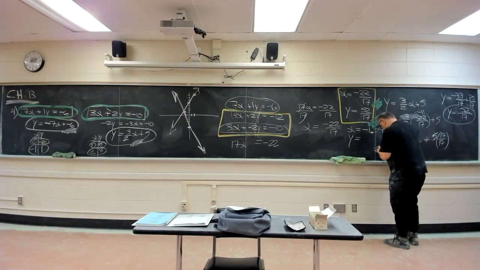The other one is 52 divided by 17, 3.0588.